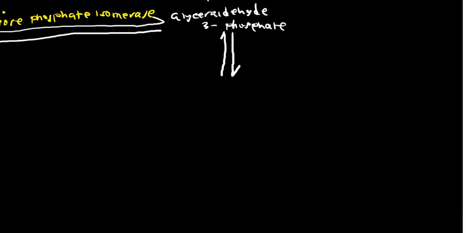So the enzyme that will convert this one to 1,3 phosphoglycerate is glyceraldehyde 3-phosphate dehydrogenase.